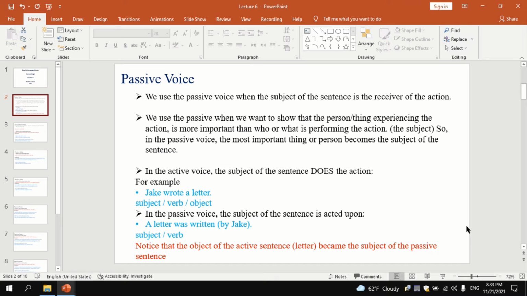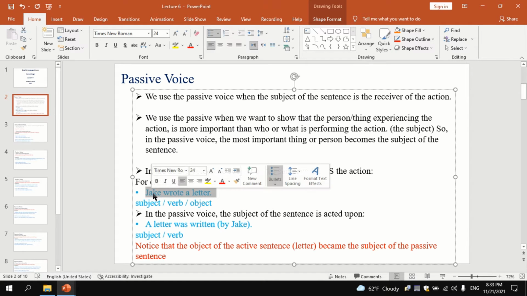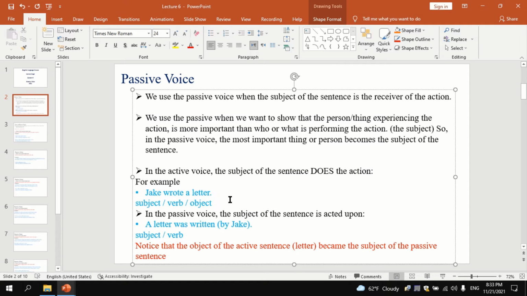For example, Jake wrote a letter. This sentence includes subject, Jake, verb, wrote, and object, a letter. To make this sentence passive, the subject of the sentence is acted upon.